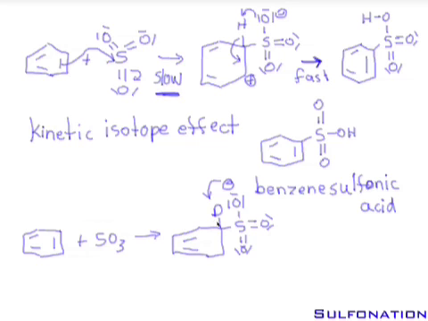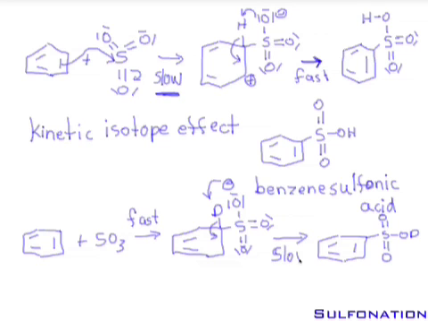You'll grab the deuterium, you'll form benzene, and I'll just draw the product. This time we get OD, not OH. It turns out that the first step is only slightly faster, and the slow step is the deuterium abstraction. Because of this, there is a kinetic isotope effect.